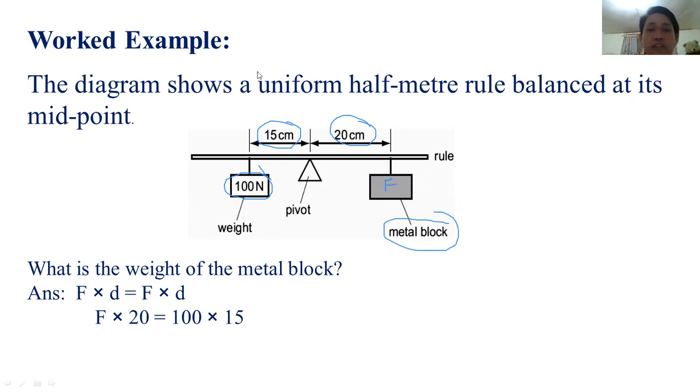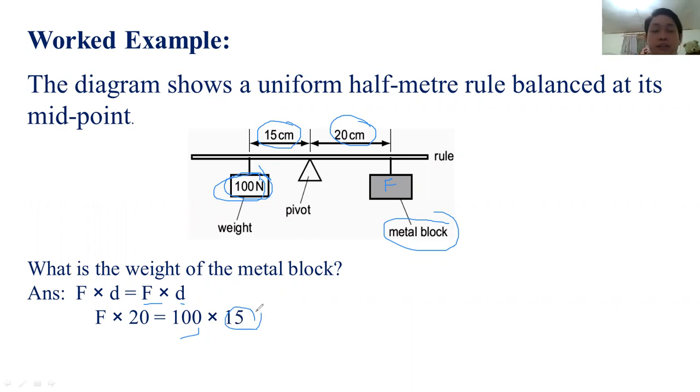So we have 100 times 15. We know that F is 100 as given in the illustration, and D is 15. You can interchange it if you want: 100 times 15 is equal to F times 20.